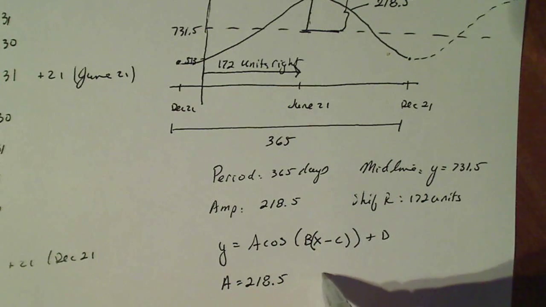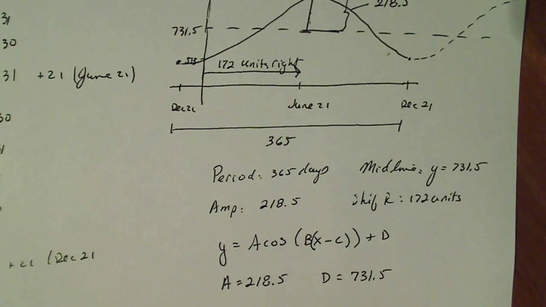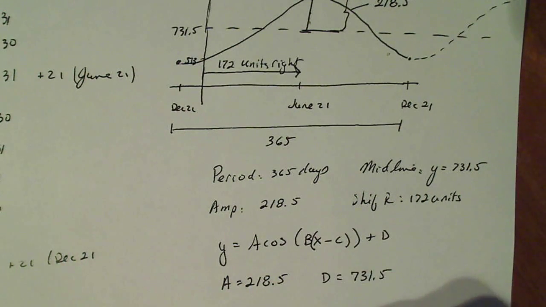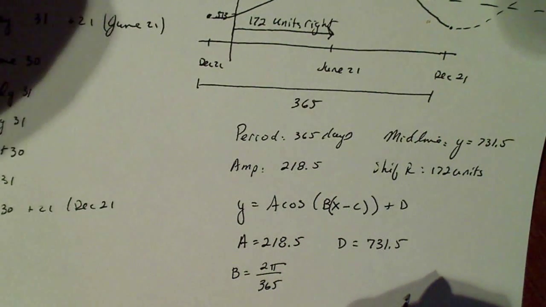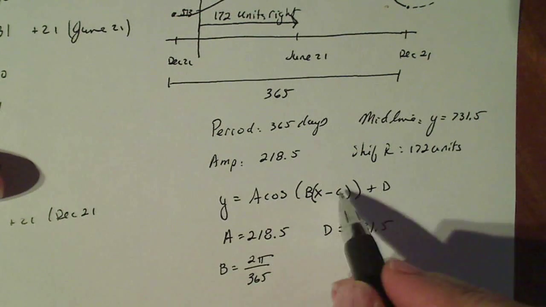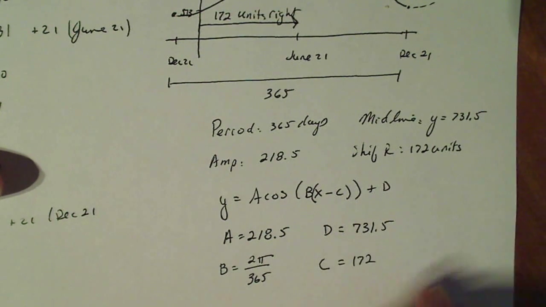D is where the midline is, so D is 731.5. The value for B has to do with the period: B is equal to 2 pi over the period. That doesn't simplify nicely, so I'll leave it as 2 pi over 365. Now, since I shift right, C is 172.